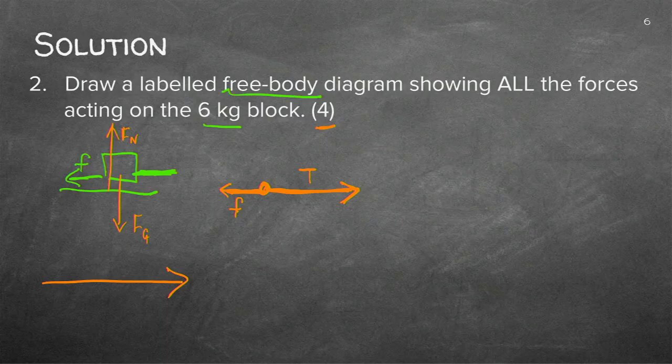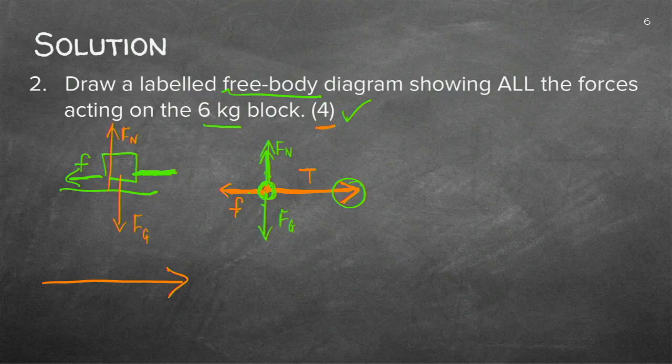I also have the vertical forces, the normal, as well as the gravitation. In this case, these 2 would have equal arrows because there's no movement in the vertical. Be careful that you have your dot there, that all of these forces touch there, that you've got your arrowhead so that you can get your 4 marks.